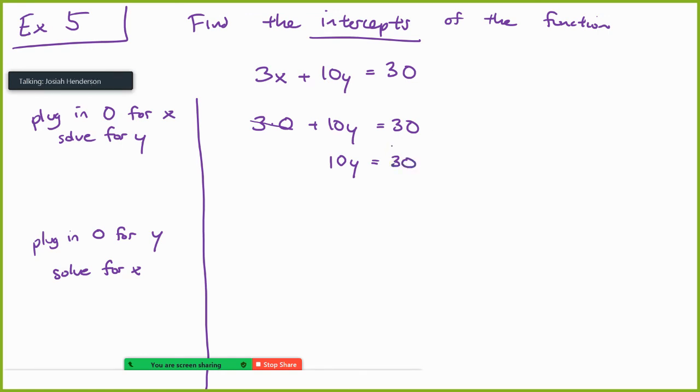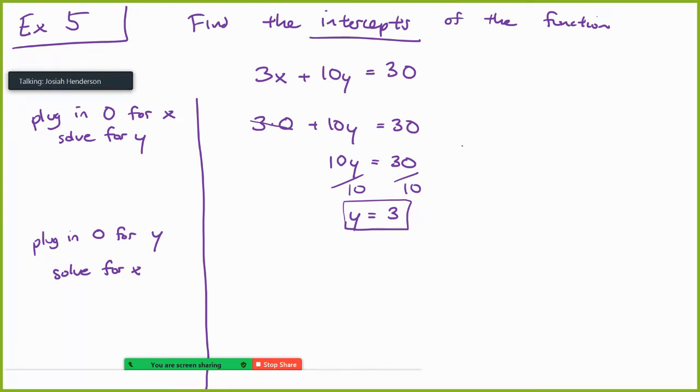Solve this mini equation for y. It's 10 times y. How do we undo timesing? Dividing. Division, yep. So we're going to divide both sides by 10, and we get y is 30 over 10, 3. So my y-intercept is y equals 3.